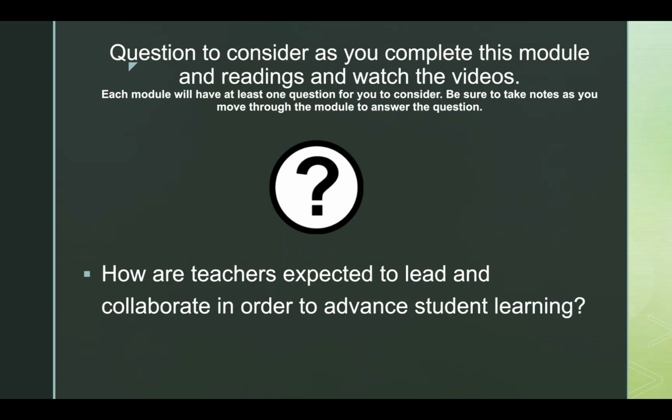Write this question down on your notebook paper. And as you work through the module, just jot some notes down on what you see that can help you answer the question of how teachers lead and how they collaborate and how they advance student learning through that.